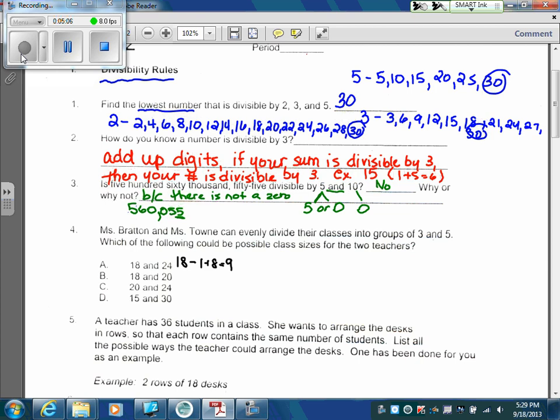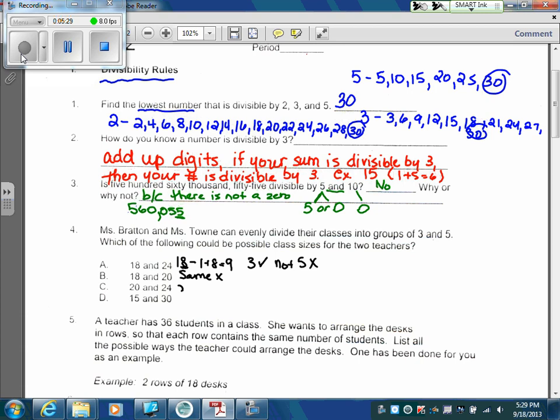So that's going to be divisible by 3. That would work. But 5, is that a 0 or a 5? No. So this would not be divisible by 5, so that can't be right. I didn't even have to look at my second number. B, same reason. That 18 would not be divisible.